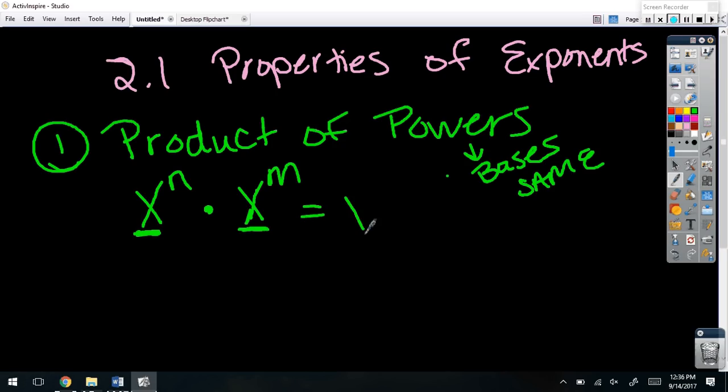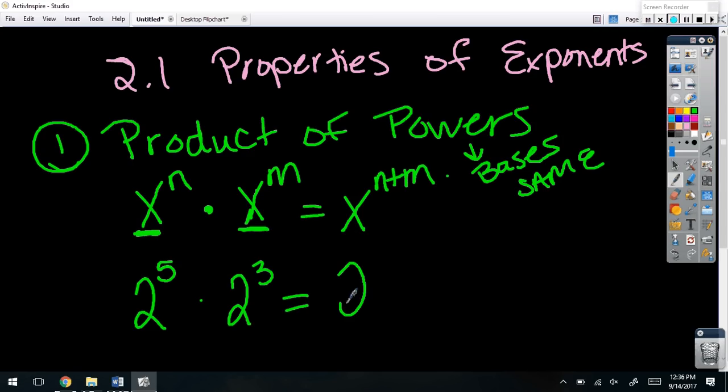Let me say I have 2 to the 5th times 2 to the 3rd. You add the exponents. So when you are multiplying and the base is the same, we add the exponents.